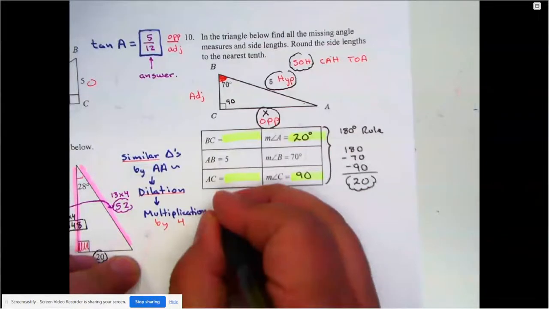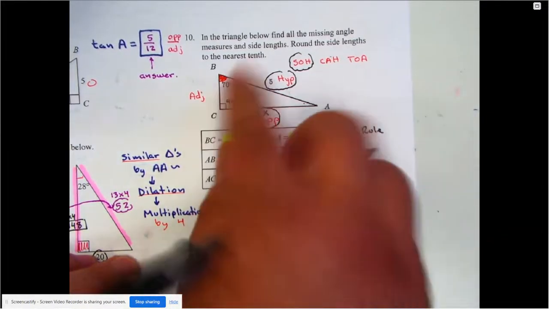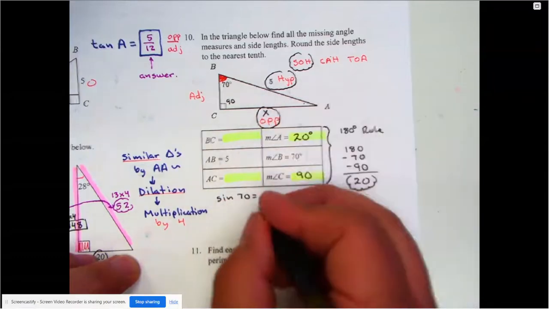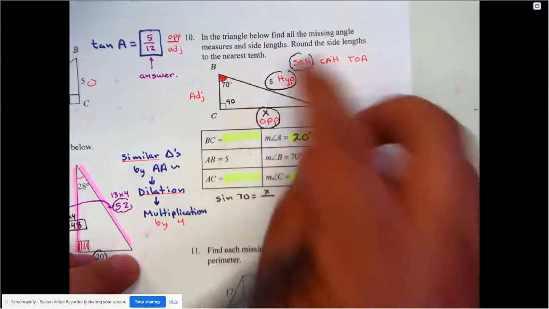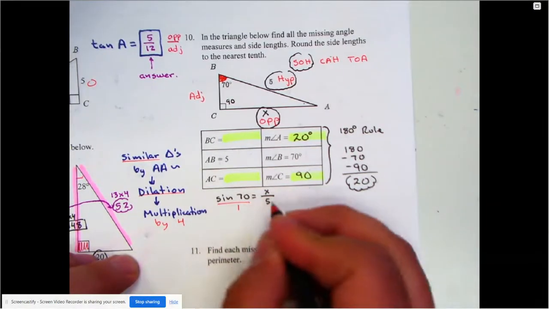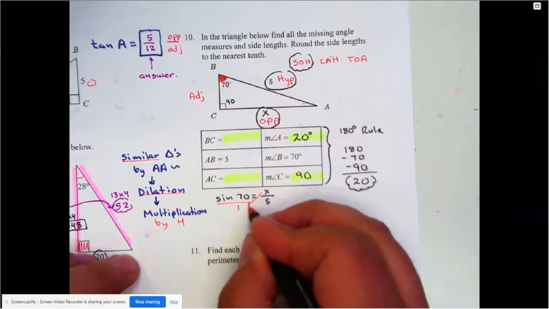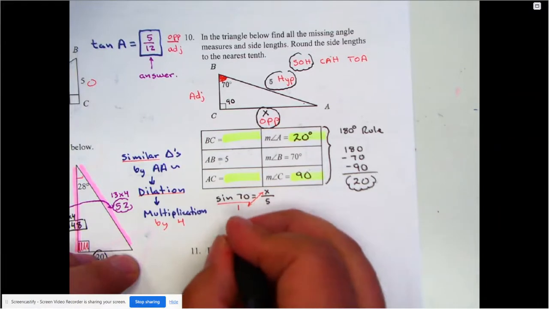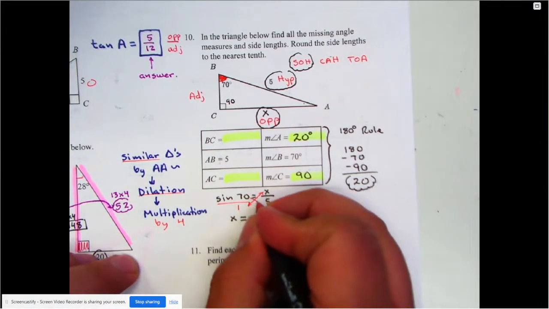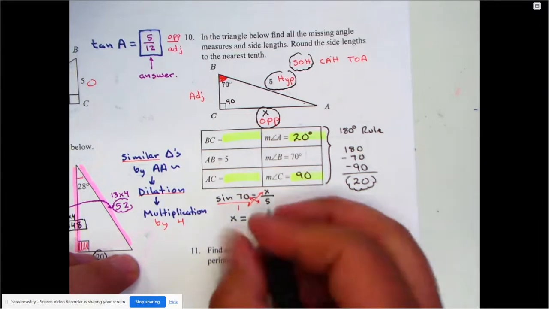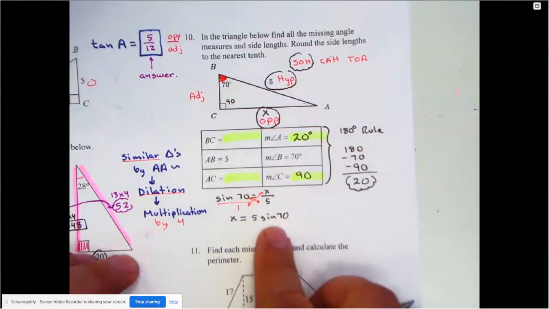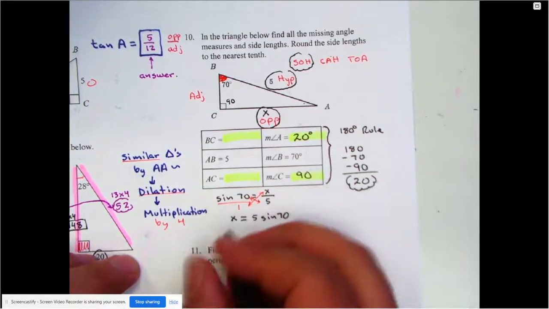I'm going to go sine, I need an angle, 70 is equal to a fraction opposite over the hypotenuse, just like the name says. Put the 1 underneath. We're going to multiply these two. So that's x equals 5 sine of 70. And notice, I don't need to divide here. I'm ready for the calculator.